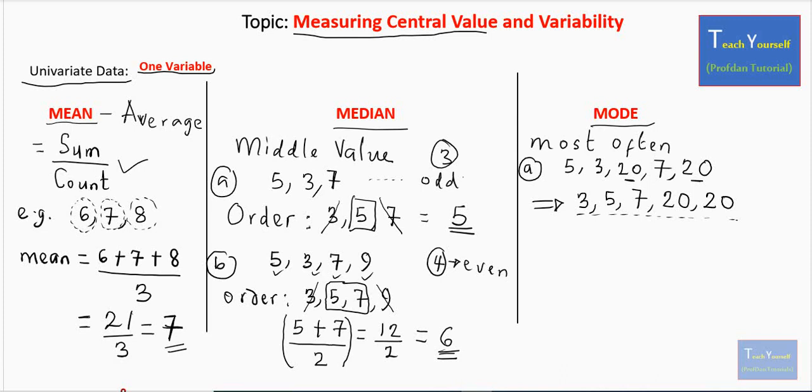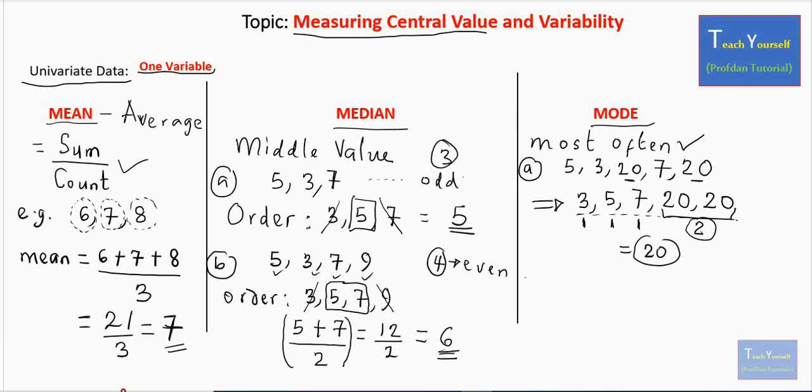We say mode simply means the most often or most occurring number. Only one student scored 3, only one student scored 5, only one student scored 7, but we have 2 students that scored 20. So the most occurring is the 20, which two students scored. So your mode in this case is 20.